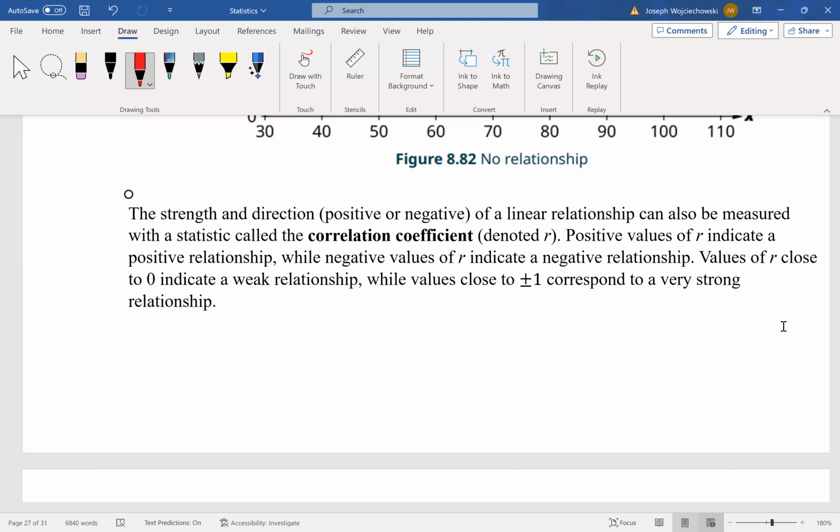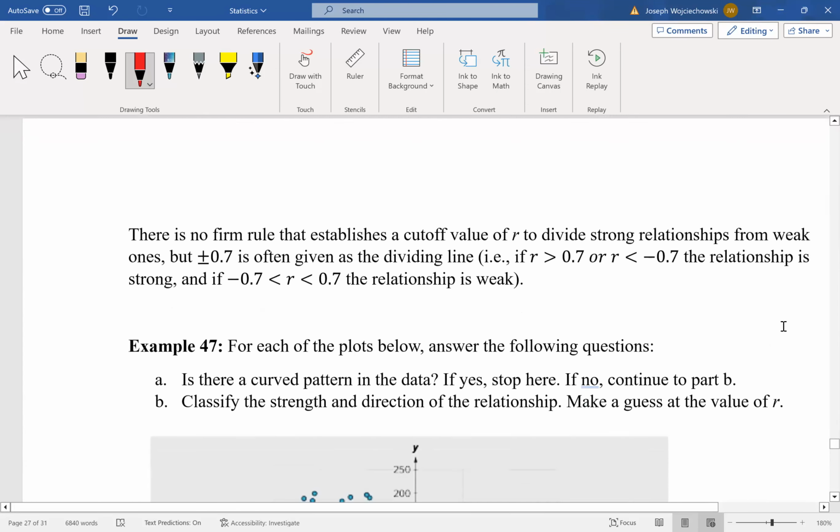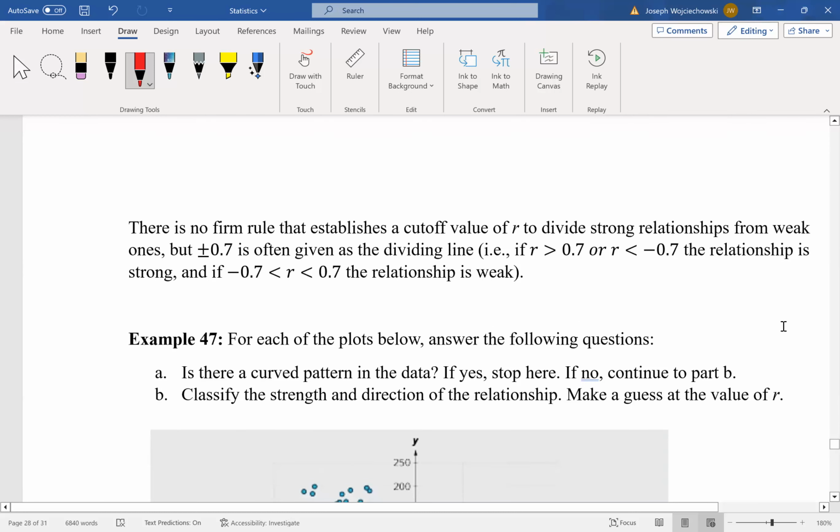Values of r close to 0 indicate a weak relationship, while values close to positive or negative 1 correspond to very strong relationships. There's no firm rule for a cutoff between weak and strong. We typically think of 0.7 plus or minus. So if r is between negative 0.7 and positive 0.7, we consider that a weak relationship.